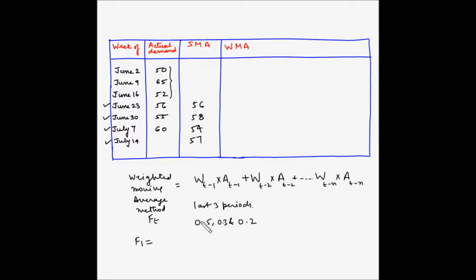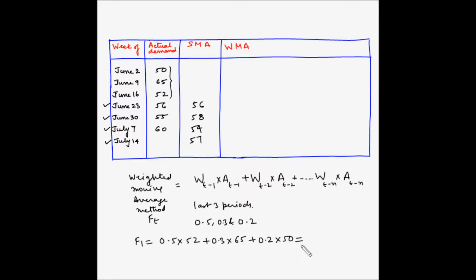So Wt minus 1 is 0.5, so 0.5 multiplied by At minus 1, which is 52, plus Wt minus 2, which is 0.3, multiplied by At minus 2, which is 65, plus Wt minus 3 is 0.2, multiplied by the actual for t minus 3, which is 50.